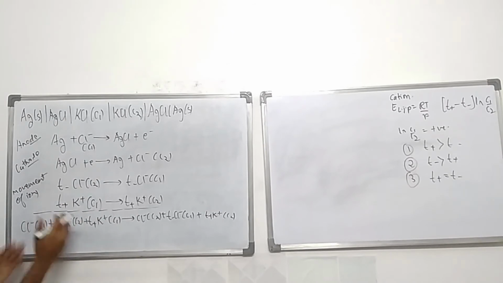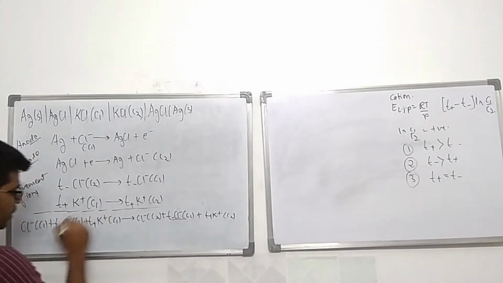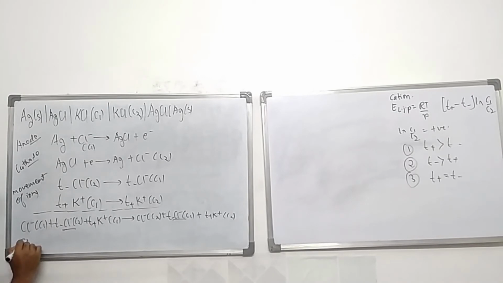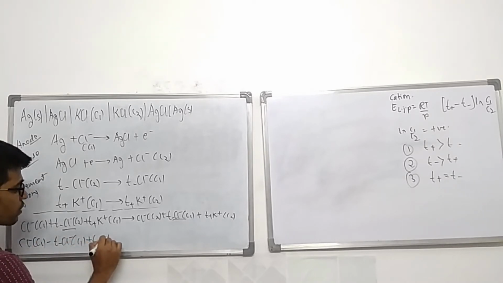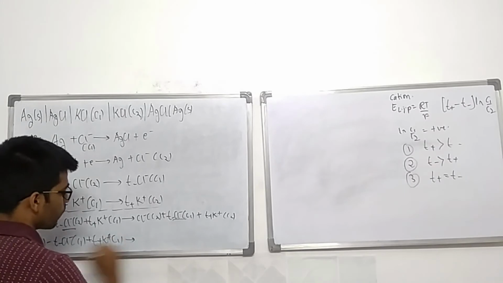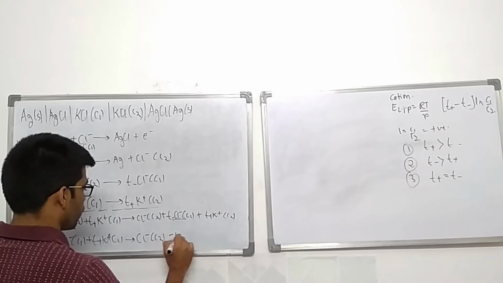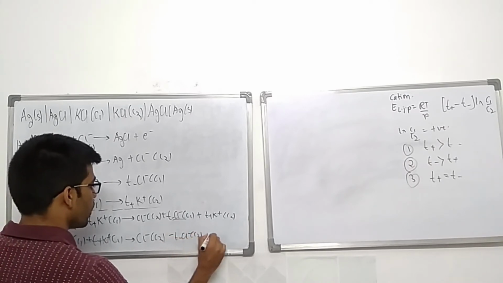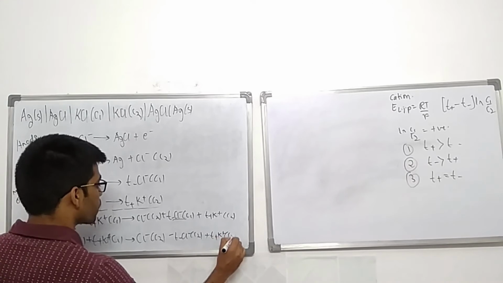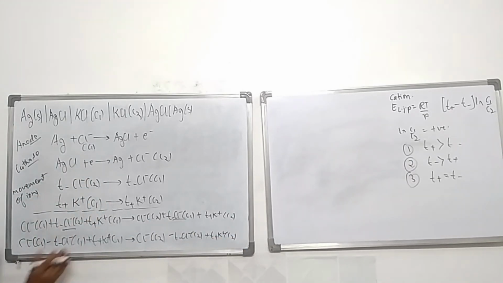Now again the same thing, same reaction terms on the same side. So this will come on this side and this will go on the other side. So I will be left with this. I have Cl minus C1 and I get T plus K plus concentration C1. And the other side will have minus of T minus Cl minus C2 and the same as previous. Now as you can see, again Cl minus C1 is common, so if I take this common here, I am left with 1 minus T minus.